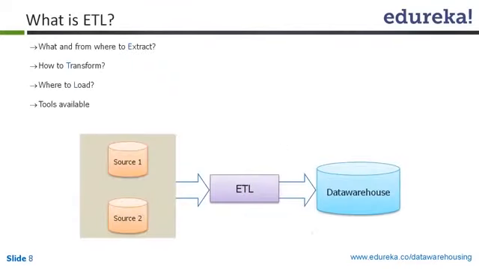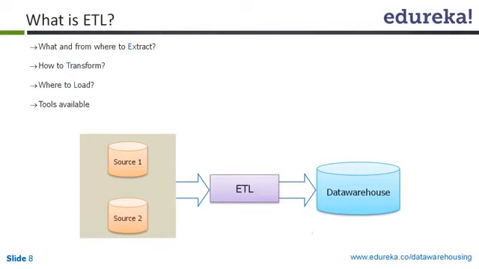What is ETL? The full form of ETL is extract, transform, and load. So the obvious questions for extract, transform, and load would be: what to extract, from where to extract, what to transform and how to transform, and where to load it.